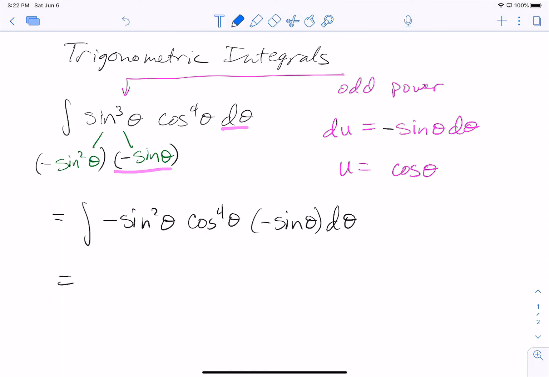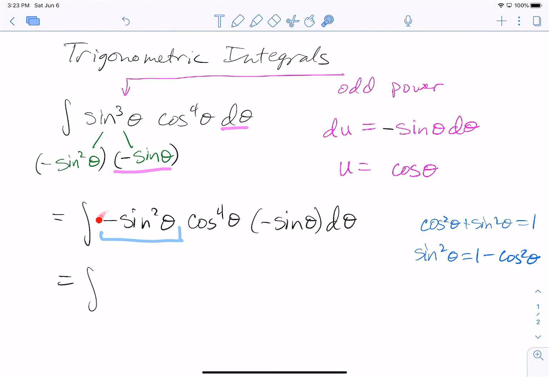Recall that we have a Pythagorean identity that states that the cosine squared of theta plus the sine squared of theta is equal to 1. This means that we can rearrange the equation: sine squared of theta equals 1 minus the cosine squared of theta. The point of reminding you of that is that we're going to replace the sine squared of theta, and in fact this time we're going to replace the negative sine squared of theta.